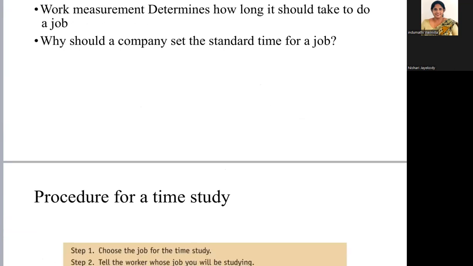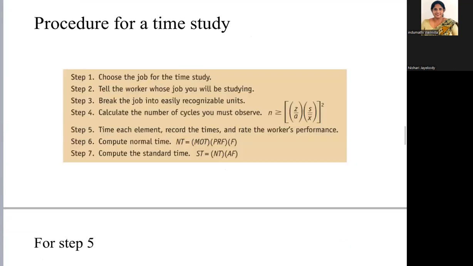Very simply, we can say the time study sets a standard time based on time observations of one employee taken over a number of cycles.